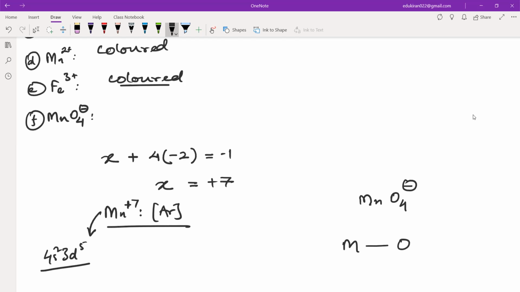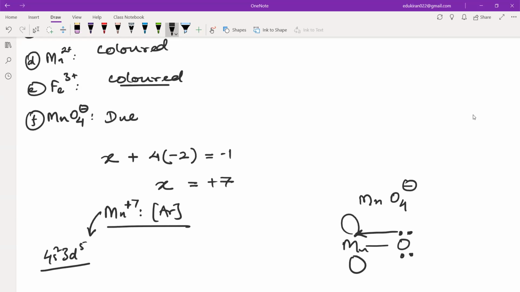There are lone pair electrons of oxygen, and there are vacant d orbitals because the whole d subshell is vacant here. These lone pair electrons interact with this d orbital. This is known as charge transfer, and it is happening from ligand to metal. So this is colored.